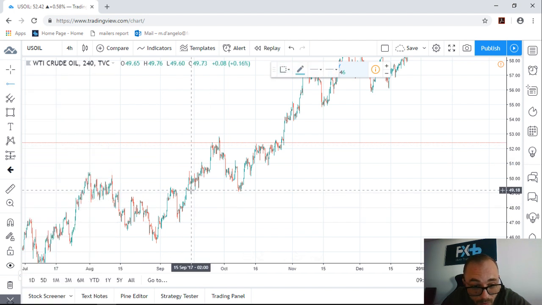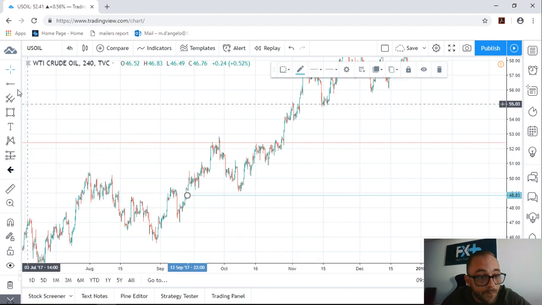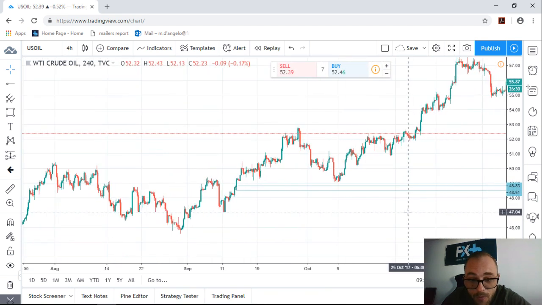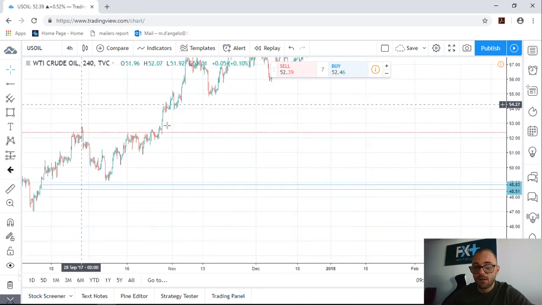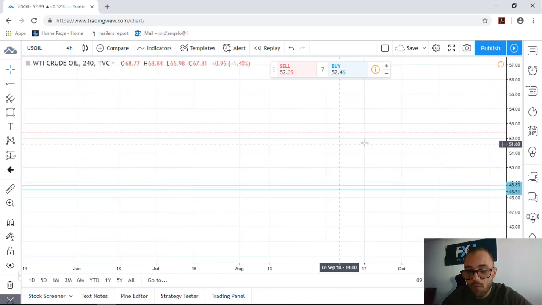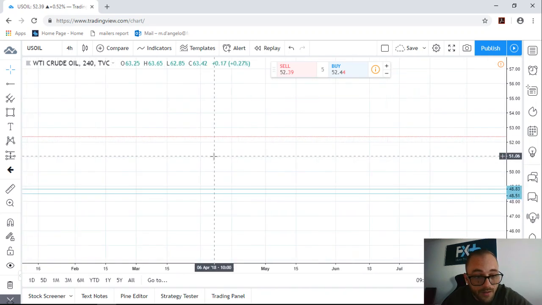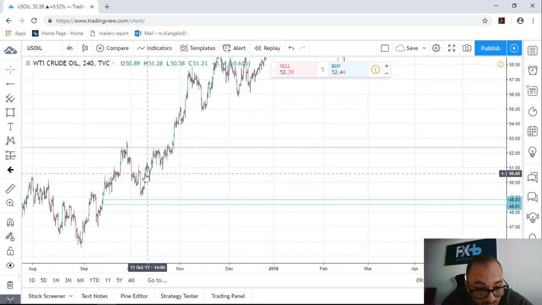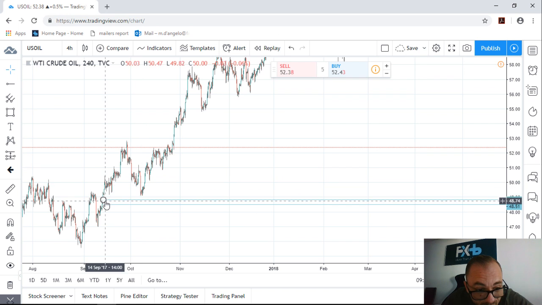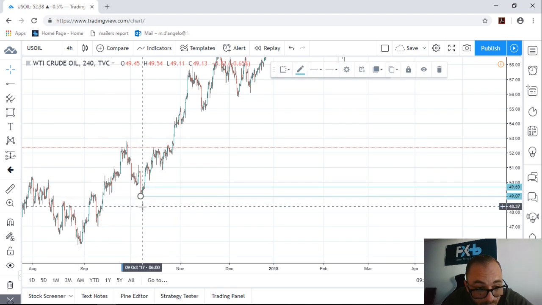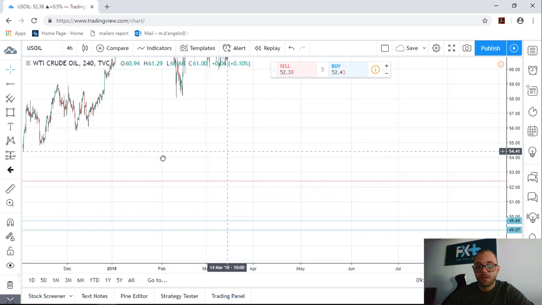we had a 4-hour demand zone, which took out opposing supply. Once the market came back to our 4-hour demand zone, just to make sure that drop base rally filled in, yep, right there, that's the one.